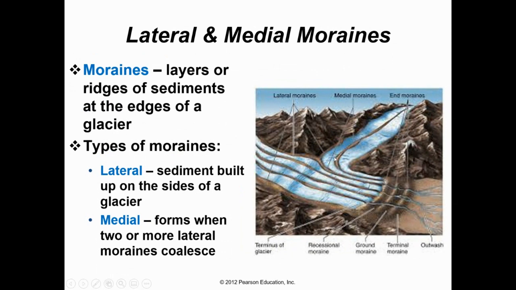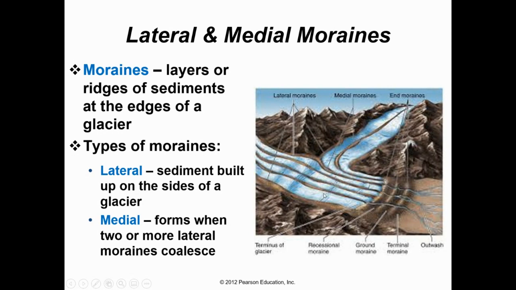Then there are medial moraines. Because all these individual little subglaciers are flowing downhill, they'll eventually coalesce with the main glacier in the main valley. Okay, and then you're going to get a striped appearance.